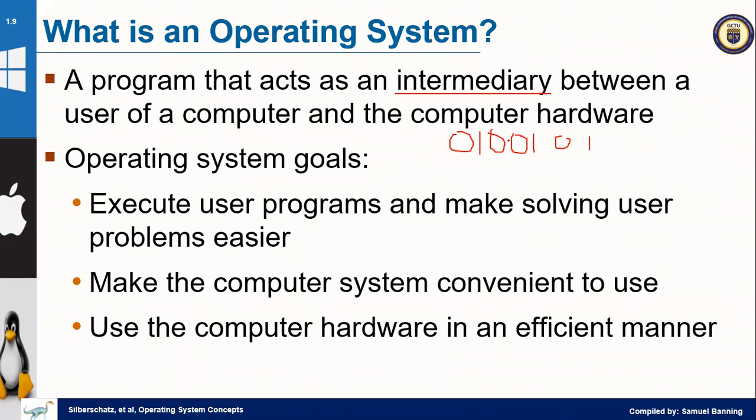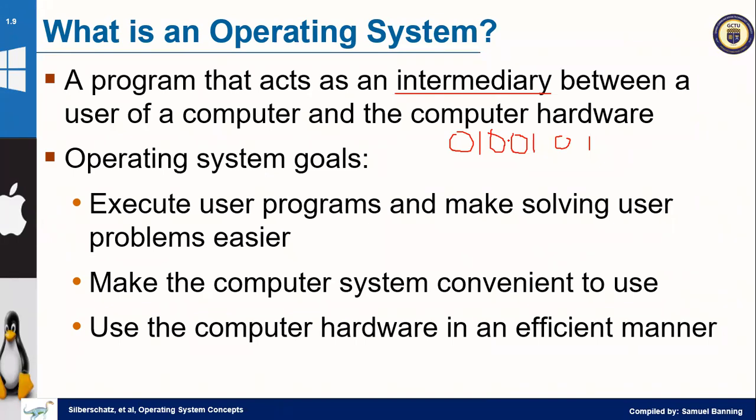So in order to have A appear on your screen when you press A on the keyboard, some of these capacitors have to be turned on. Some of them must be turned off. Some of these resistors must be turned off. Others must be on before you are able to get your A appearing on the screen.